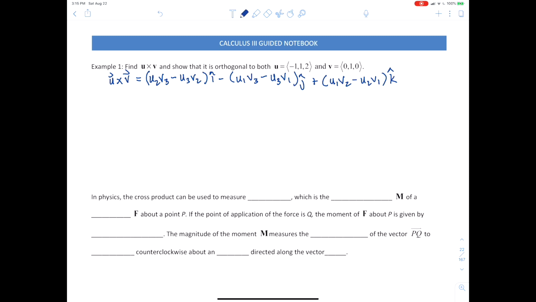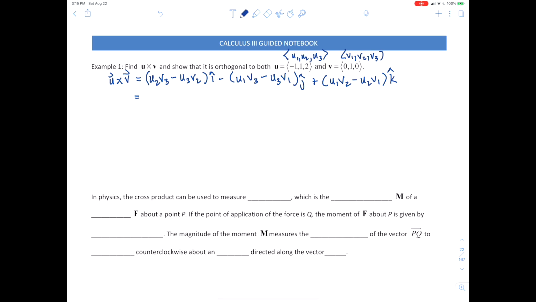So let's see what happens. We'll plug in our, remember this is our U1, U2, and U3 vector, and this is our V1, V2 and V3. So let's do it.